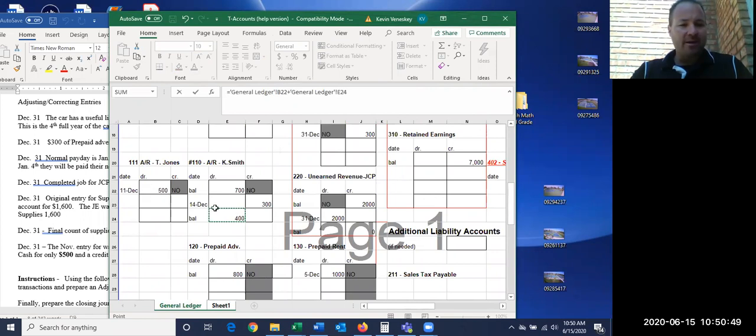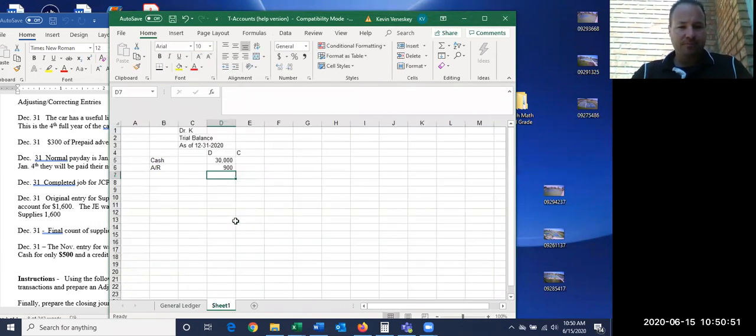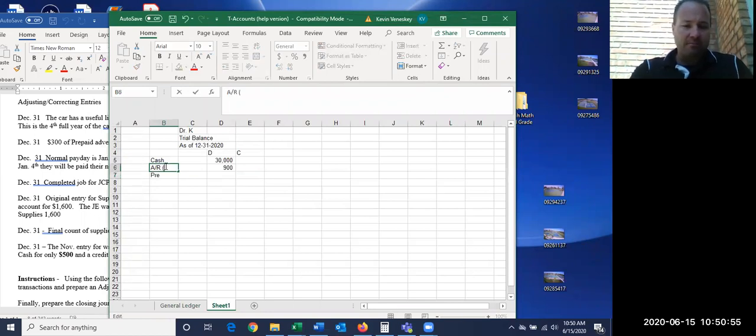We have the 2 ARs. I'm going to put AR net just to show that that's all of them. I'm going to do the same thing for our prepaid accounts, net, to show that this includes all of our prepaids instead of me listing each of them.